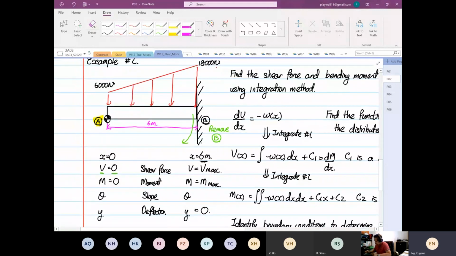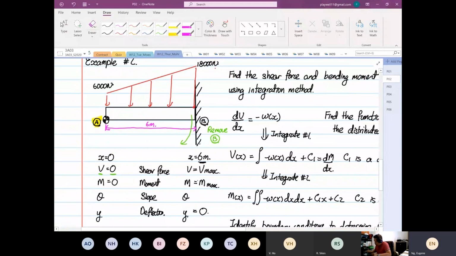So why is the moment at point B not equal to 0? Let me explain. If we were to remove the support at A, is the structure rotating? For this case, the structure is not rotating. Why?